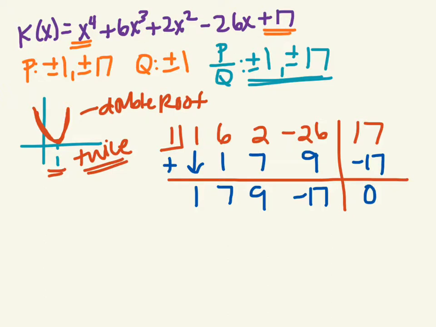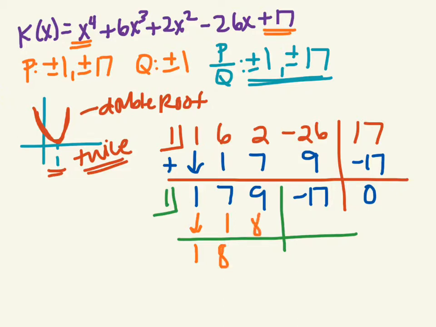We use synthetic division one more time, and to be efficient, I just tack it on to what we have here, so I don't have to recopy those numbers, because the numbers underneath the line are the ones we're going to use for synthetic division the second time around. And here we go. Bring down the 1. 1 and 1 multiplied together gives you 1. 1 plus 7 is 8.